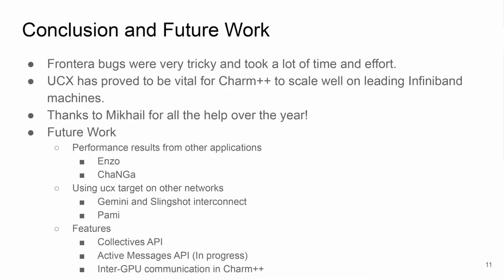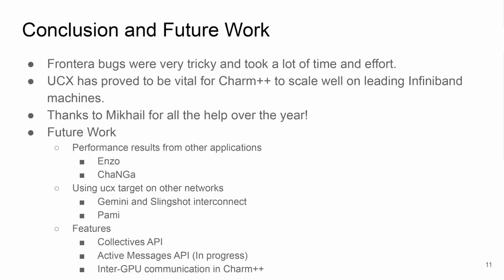So in future work, I would like to get performance results from other applications as well. Enzo and Changa would be the two big ones that were using Frontera, and we'll hopefully get good results from them, comparing them to MPI. And we also plan to use UCX on some of the other up and coming networks like Slingshot Interconnect.